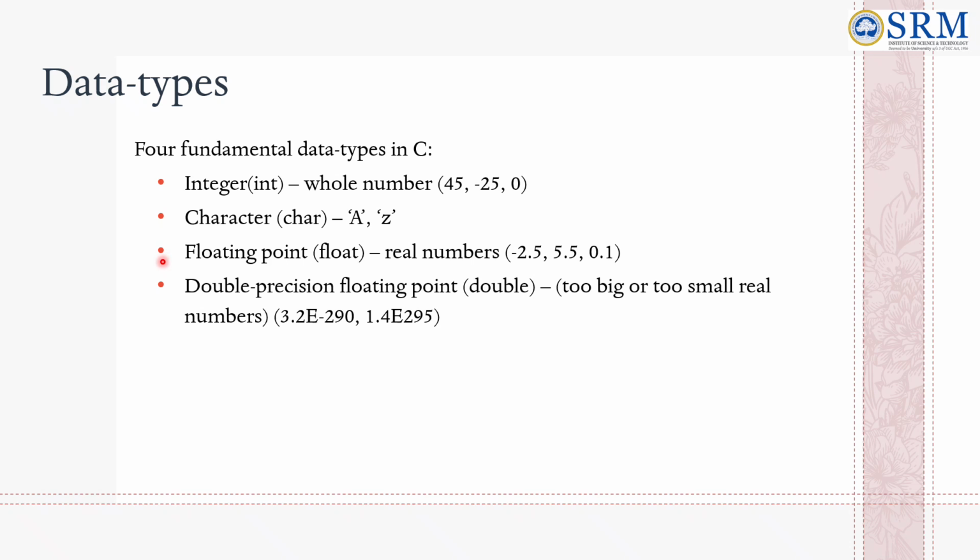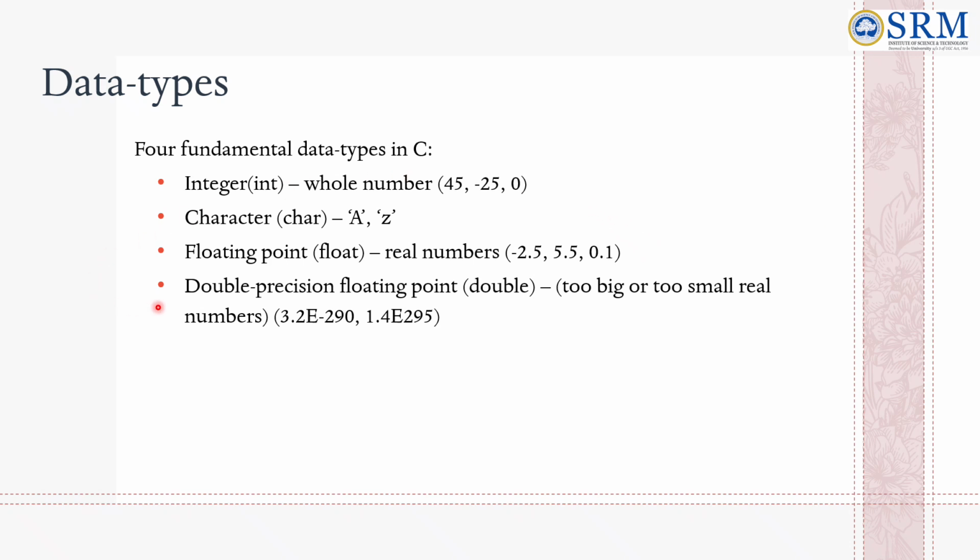The next one is floating point numbers. The keyword used for floating point is float. These are real numbers. Numbers with a fractional part are called real numbers. Here is the example: minus 2.5, 5.5, and again this includes both positive as well as negative numbers.